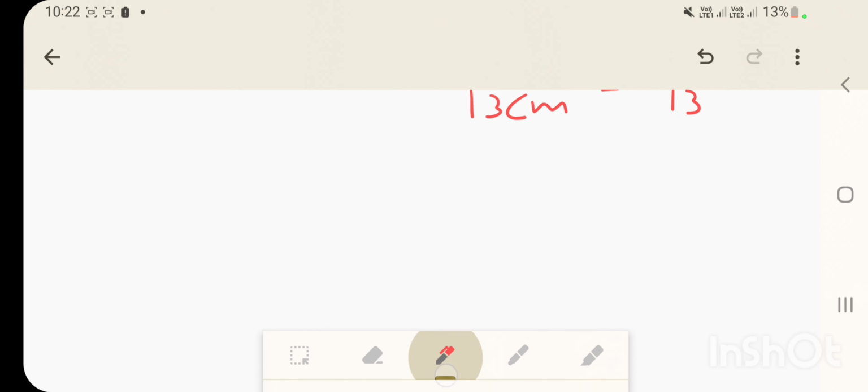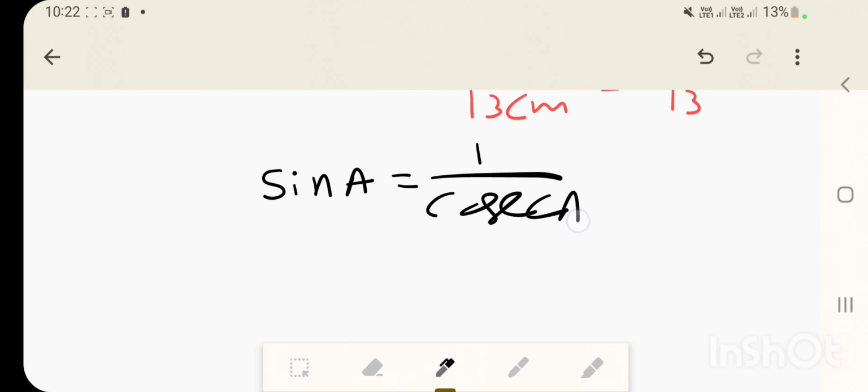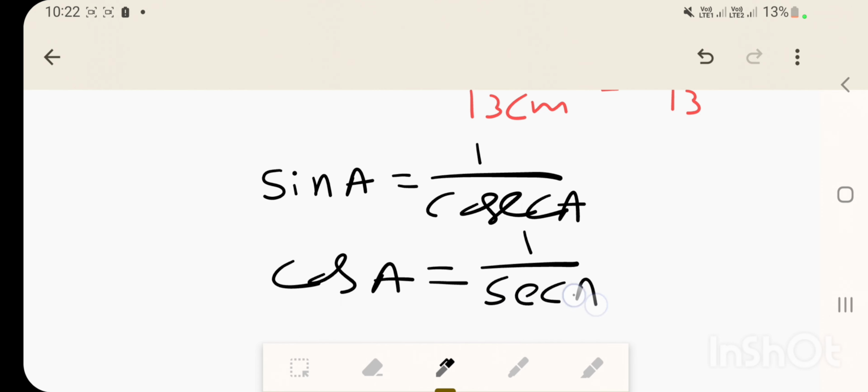Another important relation with respect to the ratios: we have seen already, and I am just briefing here, that sin A is 1 by cosecant A, and cos A is 1 by secant A. Vice versa we can write.